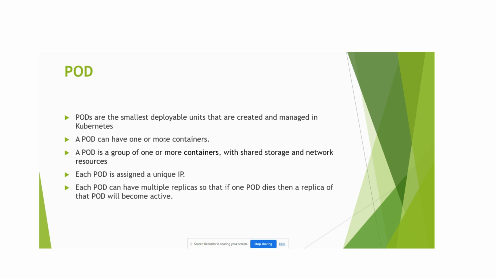Ideally, we should have one container, but in my experience, if we are using more than one container, then mostly only two containers will be there inside a pod, not more than that.